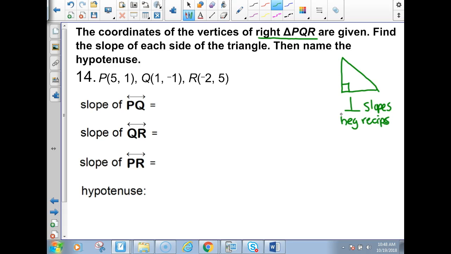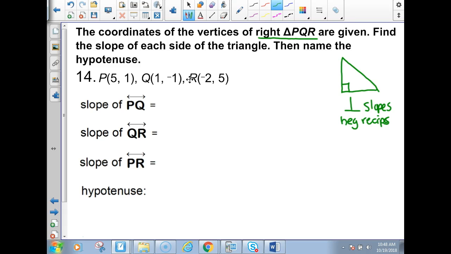You want to look for some negative reciprocal slopes. So if you know the coordinates of the corners, I'm not plotting it, I'm just going to tell you what we could do. We would want to find the slope of the segments that make these lines.